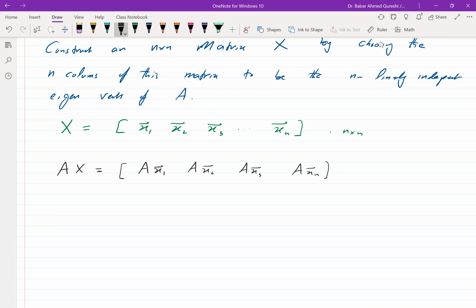We have done it many times, that I multiply A with the first column vector, that will give me a column vector back. Then multiply A with the second column vector, that gives me a column vector back. And this would be the result of this matrix multiplication. But these are eigenvectors, so they give me back these eigenvalues.